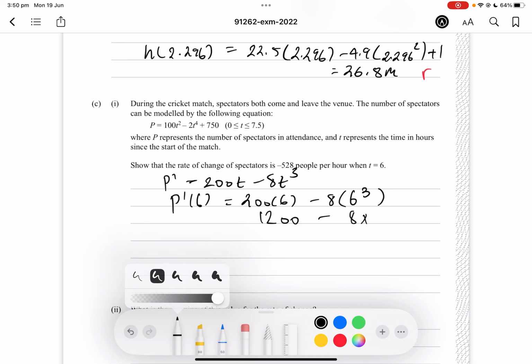It's 8 times 216. Yeah, okay. And that should be negative 528 as required.